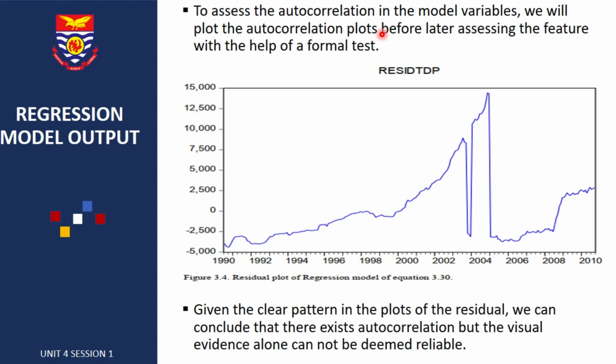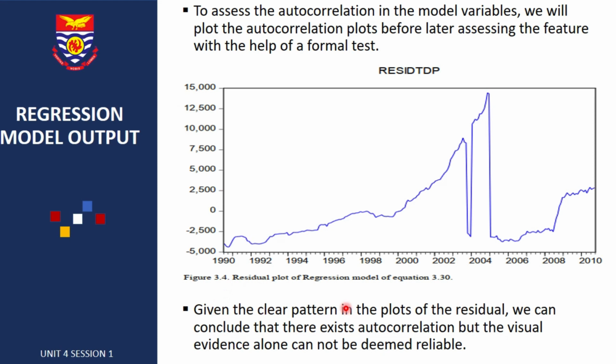You could see that there are patterns. There's a trend, unlike stationary data where you see up and down movement where you cannot predict the movement. With this one, there is a trend, so one can rely on it to predict the error term, which is not a desirable property.